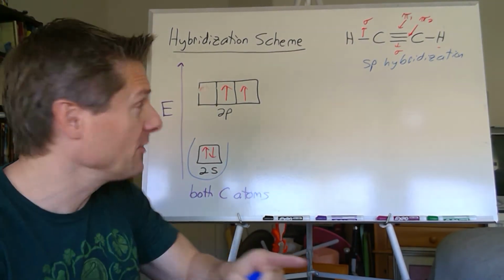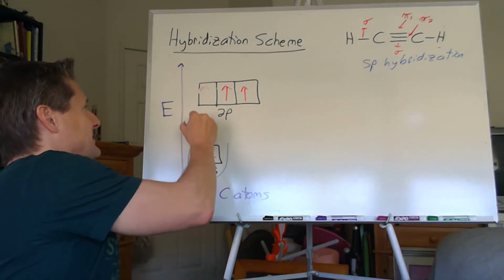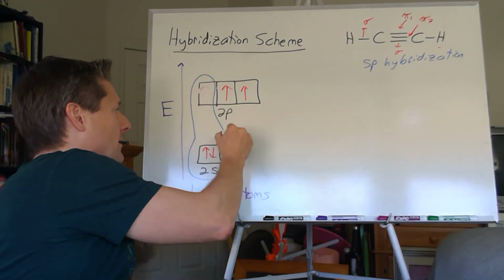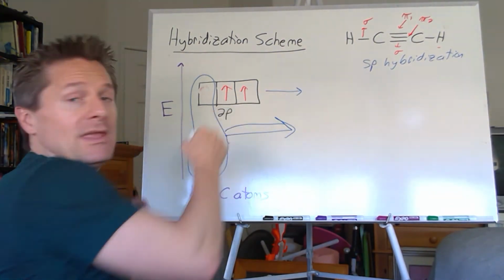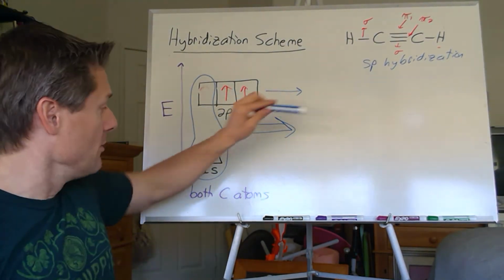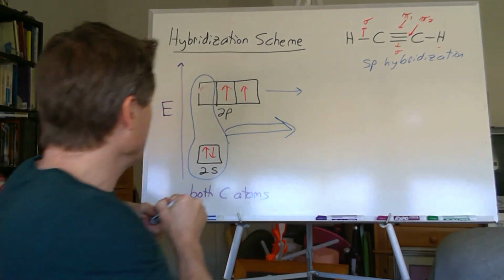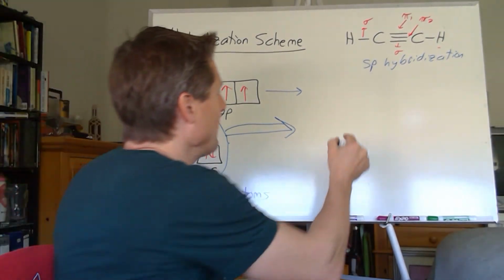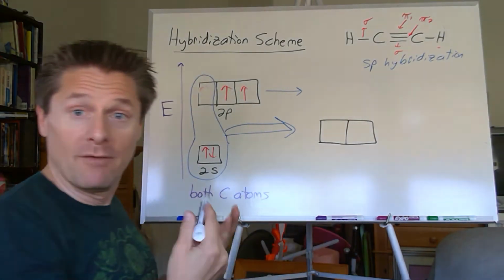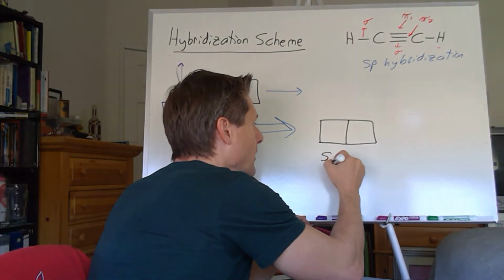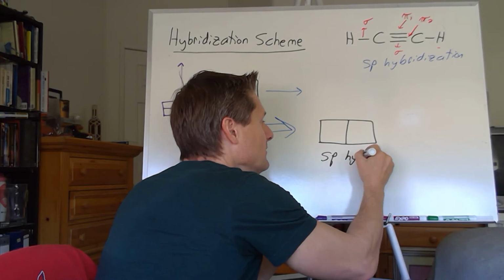Always take the empty one first. Don't take one of those. We're going to take that one. And then those 2 p orbitals that are unhybridized move over. So we circled 2 boxes. We hybridized 2 boxes, so that'll give us 2 of those hybrid orbitals. So these are our sp hybrids.